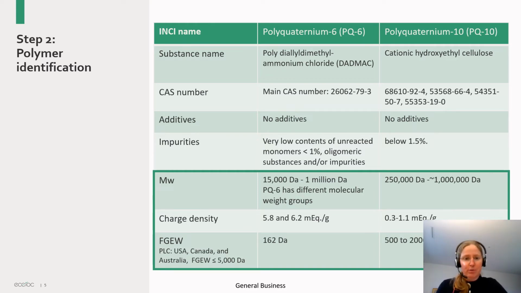The green box points to the specific characteristics of interest in this case study, which are high molecular weights, indicative of likely low systemic bioavailability. The nitrogen charge density is sufficiently high for these polymers to not qualify as polymers of low concern. Indeed, the functional group equivalent weight, or FGEW, is below 5,000.